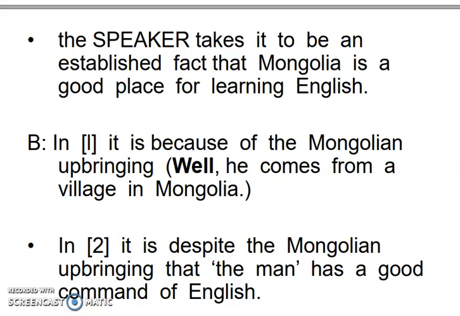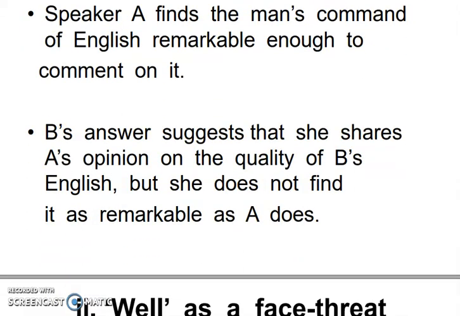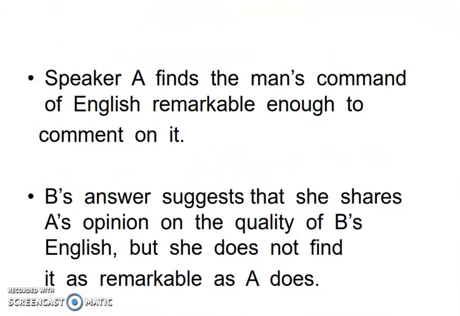That is, that might be the reason why his English is good. Whereas in the second case, yet, that would be despite living there, the man has a good command of the language. By using well, what B expresses is that he or she shares A's opinion on the quality of the man's English, but he or she does not find it as remarkable as A does.